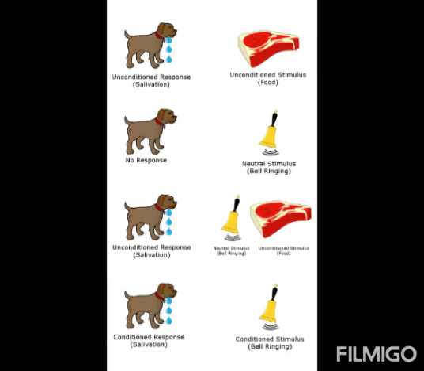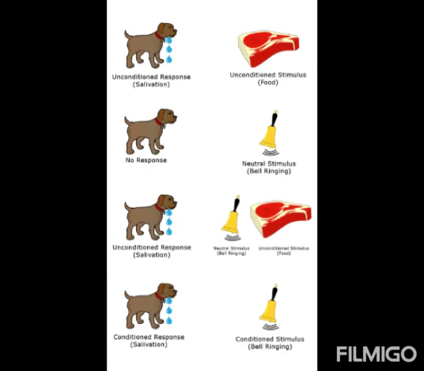Here, for the unconditioned response, salivation when you smell or see the food, the food is the unconditioned stimulus. When you hear the bell ringing, that neutral stimulus alone, with no food, produces no response.